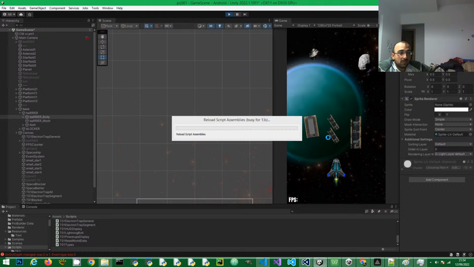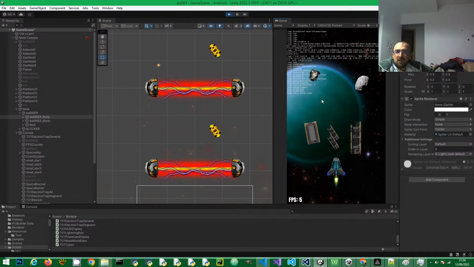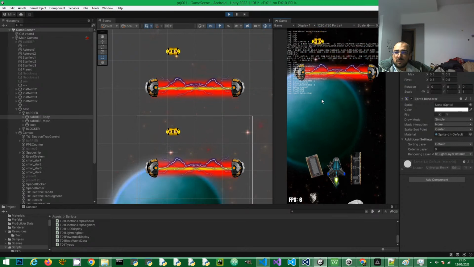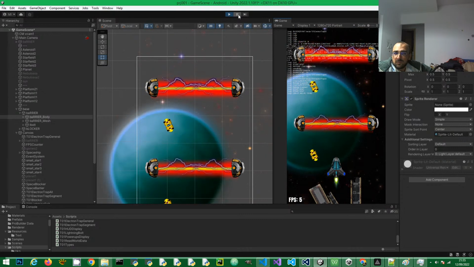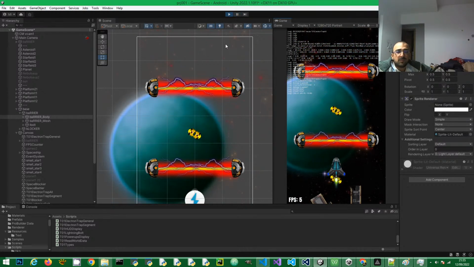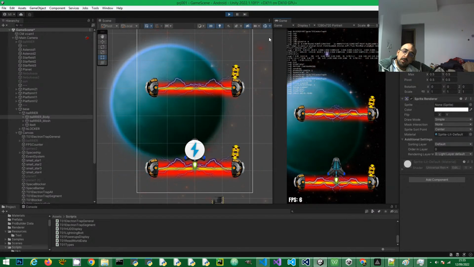The lightning bolts don't bolt anymore. Huh. Why? Ah, they do now. It was an error. Just a slight error, unknown error. See if you pause and start again. So they work. Okay. They work quite good.